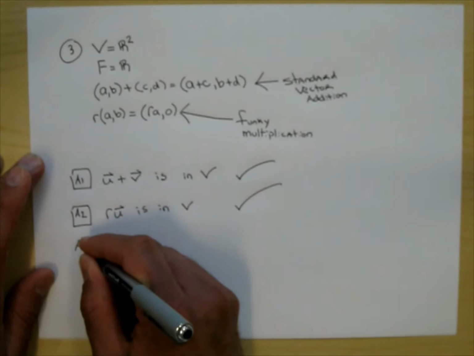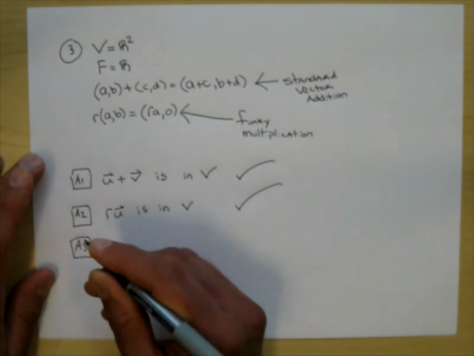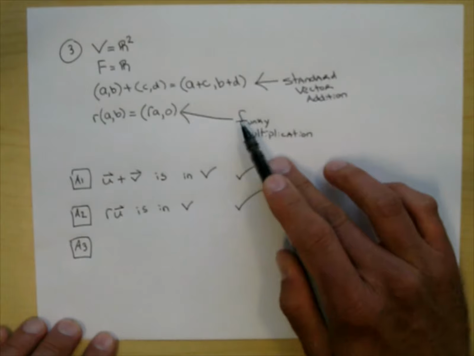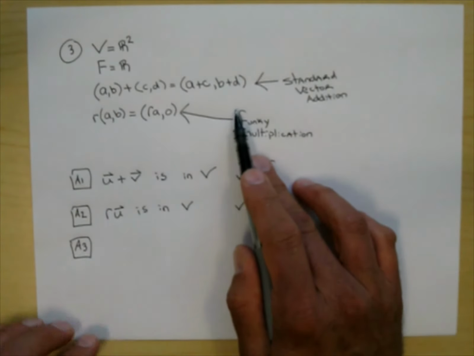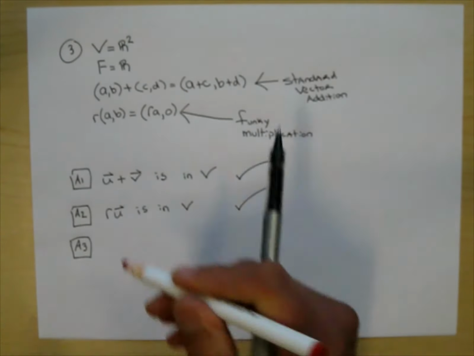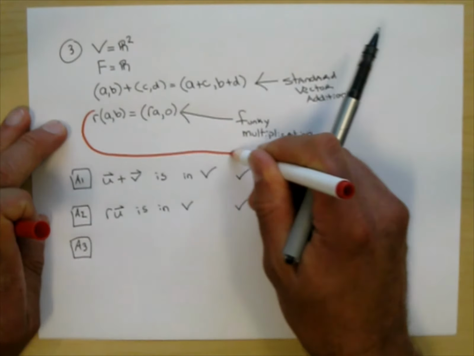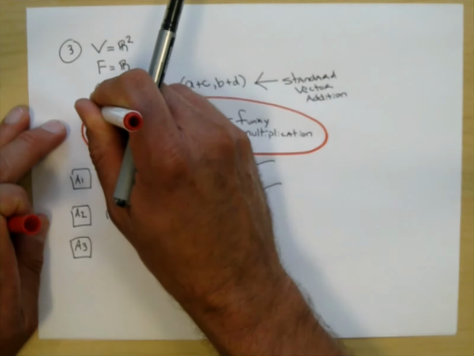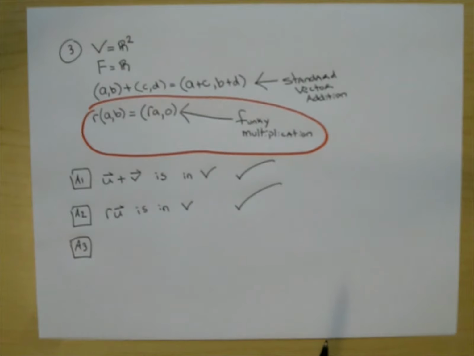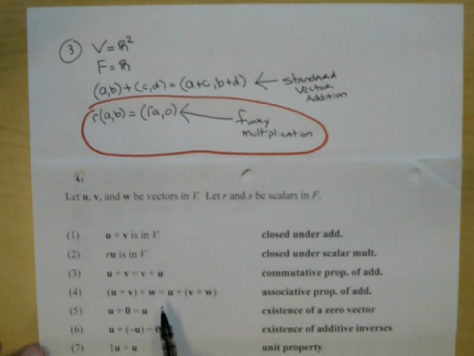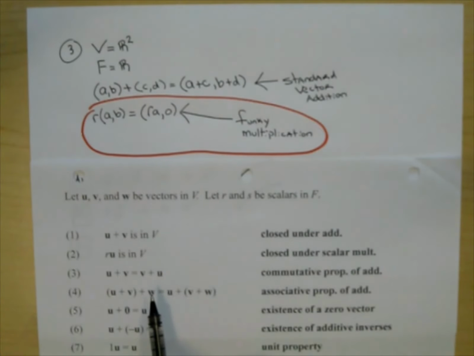Axiom 3. Now notice, what is different about this example? The thing that is really different is funky multiplication. So if any of these axioms are going to mess up, it's going to happen with something that has to do with multiplication.